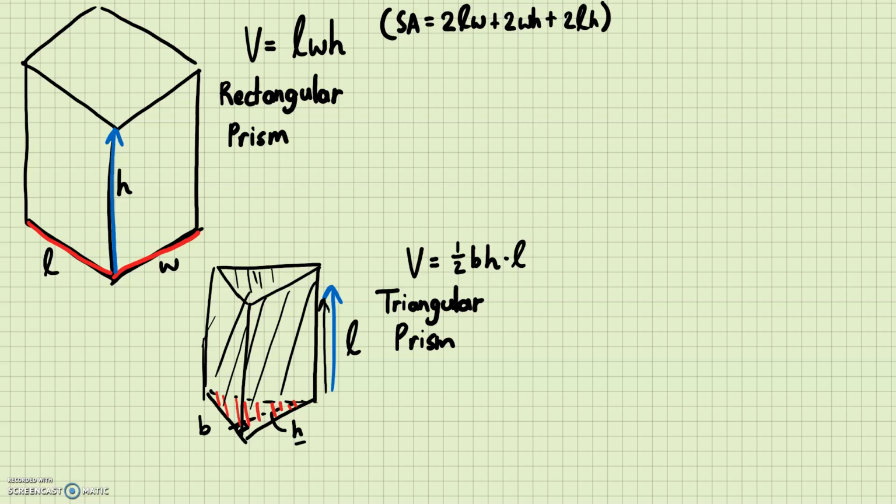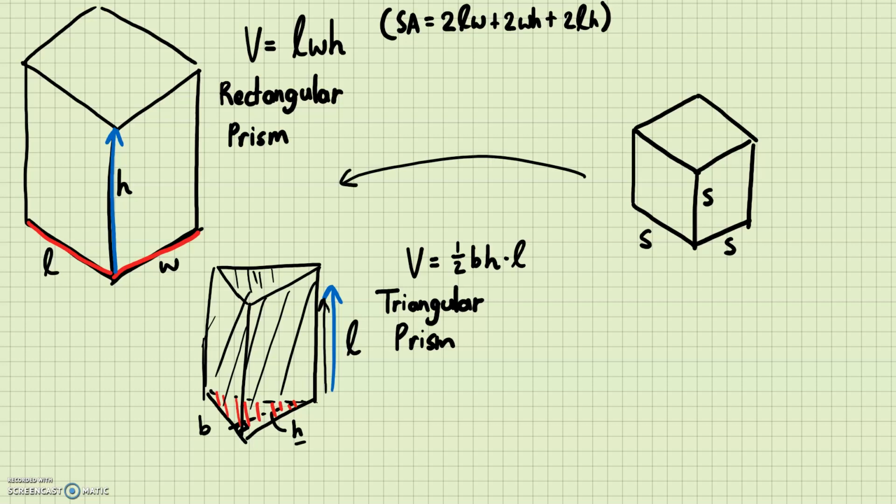And lastly, let's look at the simplest of them all. Let's look at the cube. Okay, so remember, for a cube, all the sides have the same measurements. And basically, you use the same method as the rectangular prism. For a rectangular prism, we multiplied L times W, and then multiplied that times the height, right?